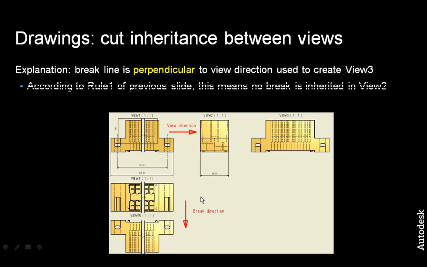So if we look at rule 1 of the previous slide, this means that no break is inherited between view 1 and view 2. Because view 3 is a child view of view 2, view 3 of course does not inherit the break in view 1 either. So that is really the explanation why view 3 doesn't show the break at all. I will explain this in more detail with a live demo in the next phase.